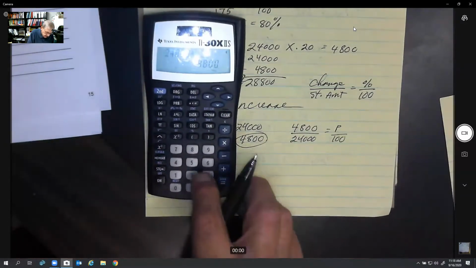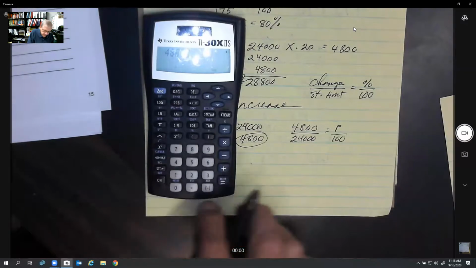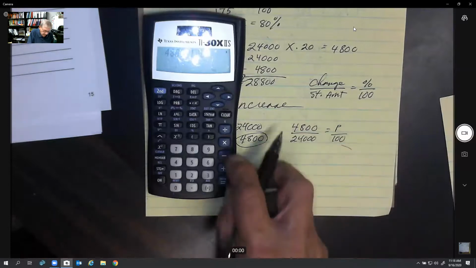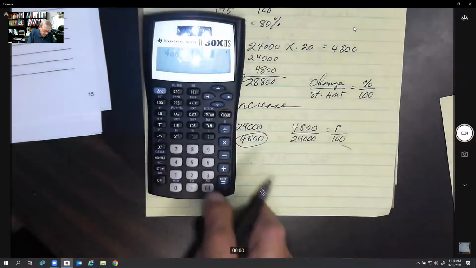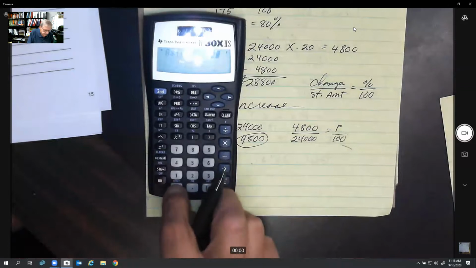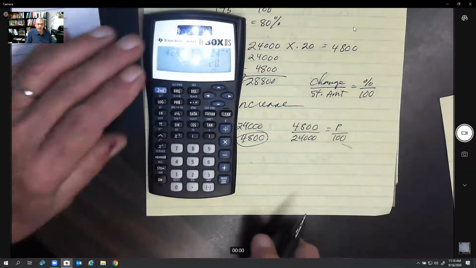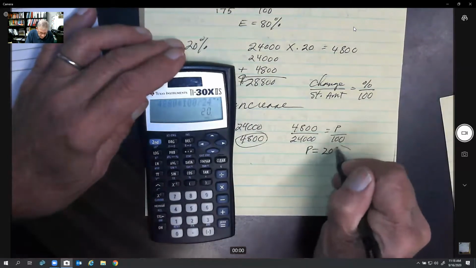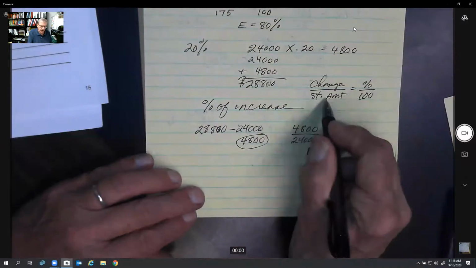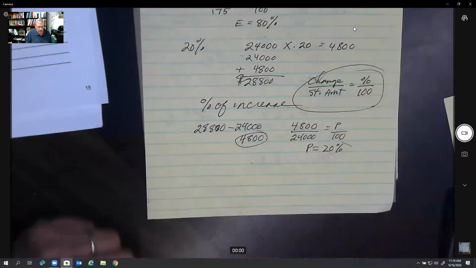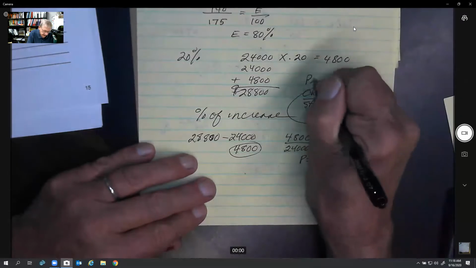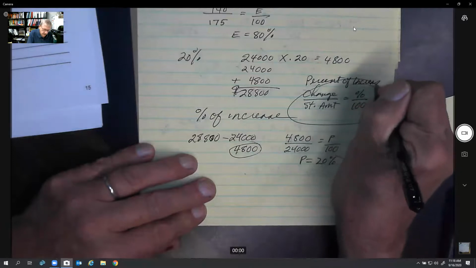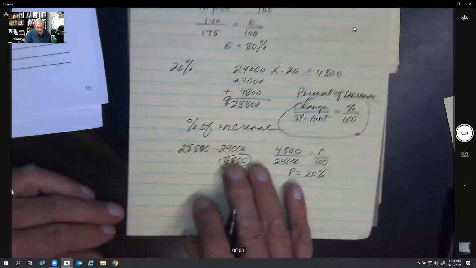So the change is 4,800 times 100, cross multiply, divide by 24,000. See, we came up with our 20%. That's how we find percent of increase.